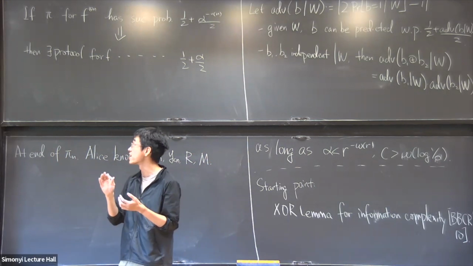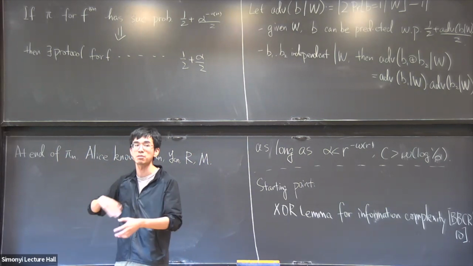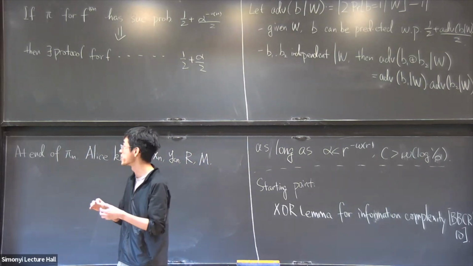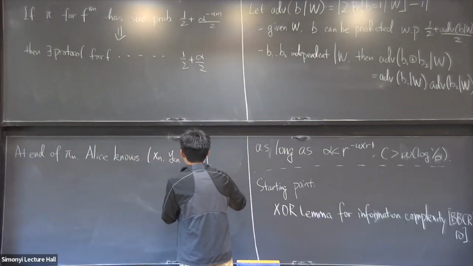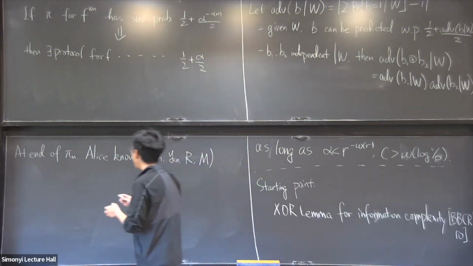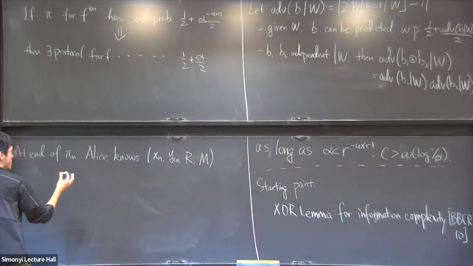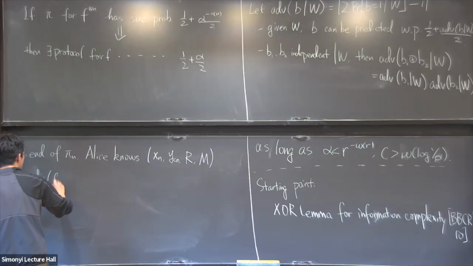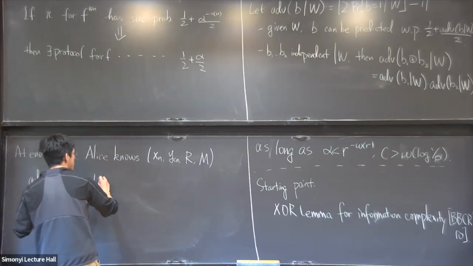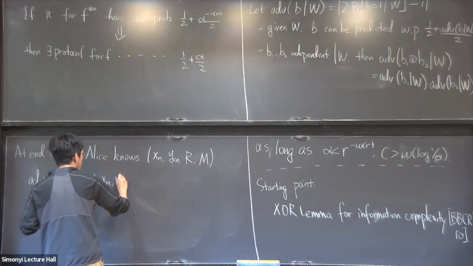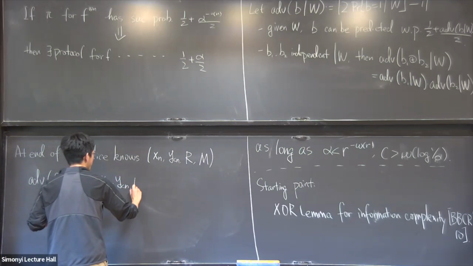But it turns out that this private randomness is actually independent of what she wants to predict, conditional on all these things, so that's essentially not useful. So Alice knows these four things. Then what she wants to predict is just the f value of the last coordinate. Then the advantage she has is just the advantage of this last bit conditional on these four things.